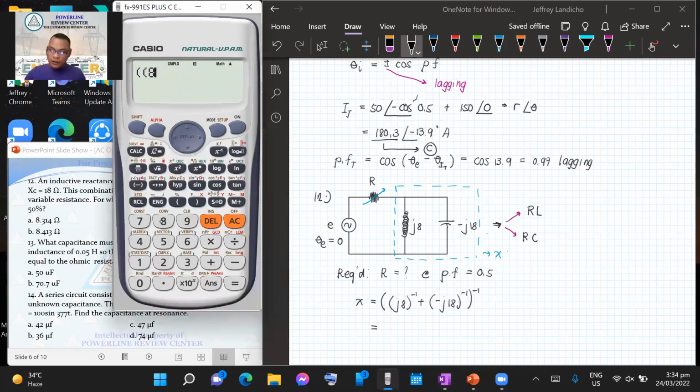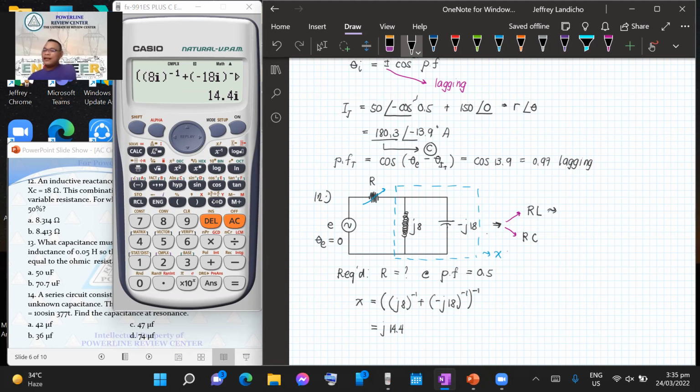Therefore, meron tayong (8j)^-1 plus (-18j)^-1, close quantity inverse, at saka natin equal. So we have now the net reactance. Ano lumabas na net reactance? Positive 14.4. So ibig sabihin, the given circuit is what?